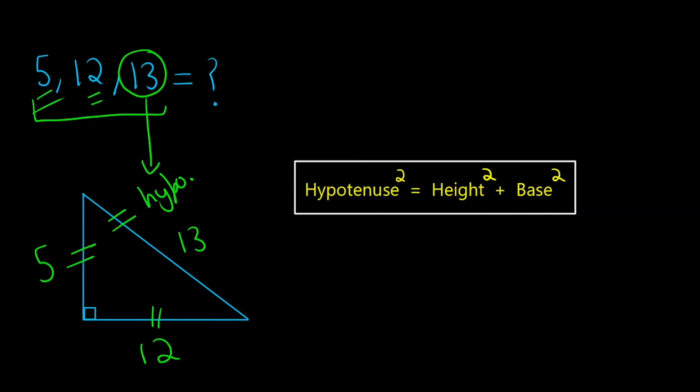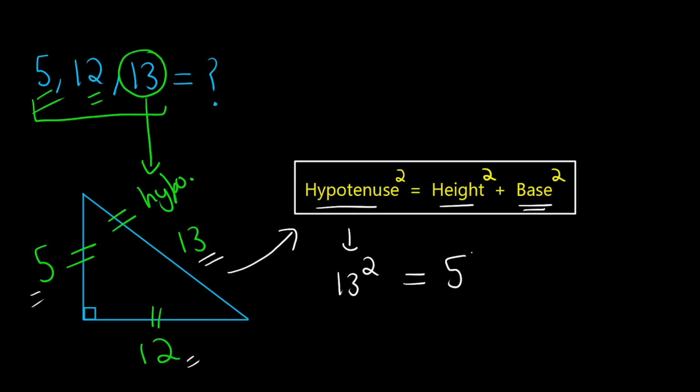Now I'm going to take all three of these numbers and apply them into the Pythagoras theorem. So right here, the hypotenuse square is equal to height square plus base square. So hypotenuse square is the square of 13. Now this should be equal to the square of the height plus the square of the base.